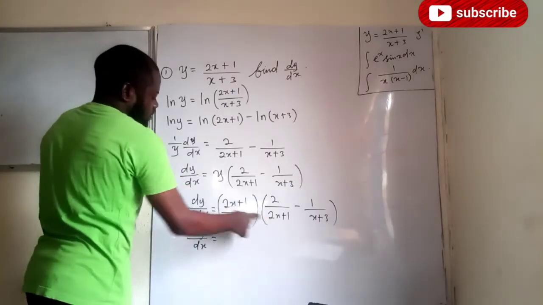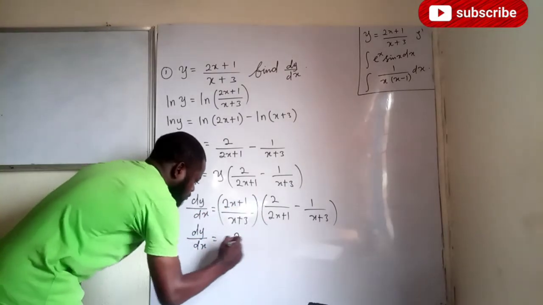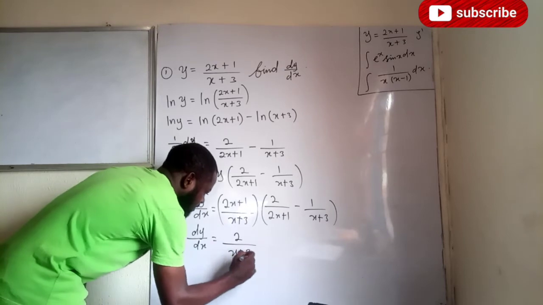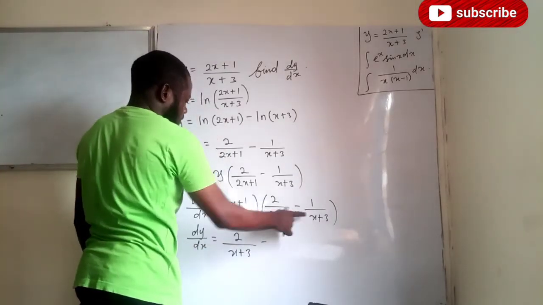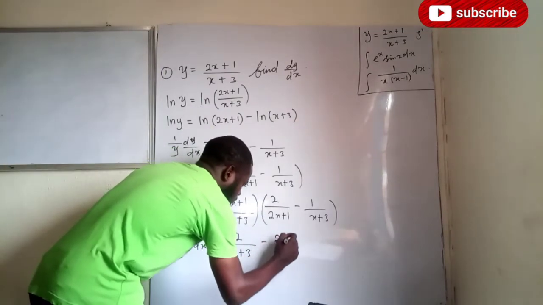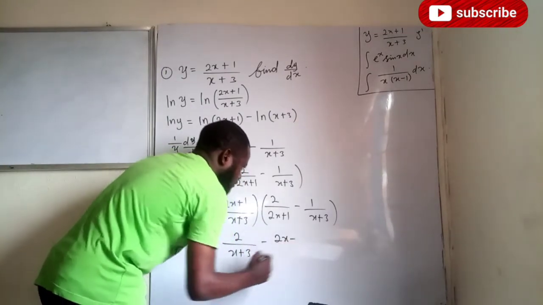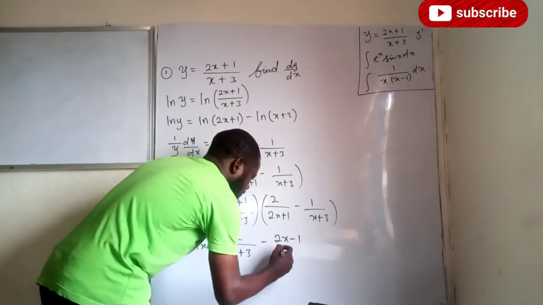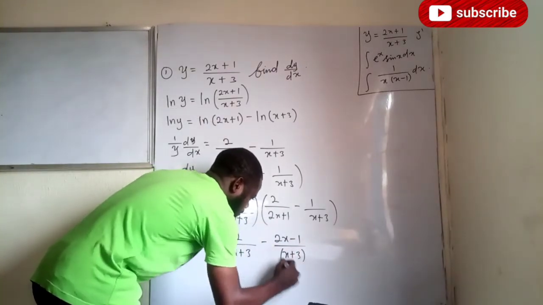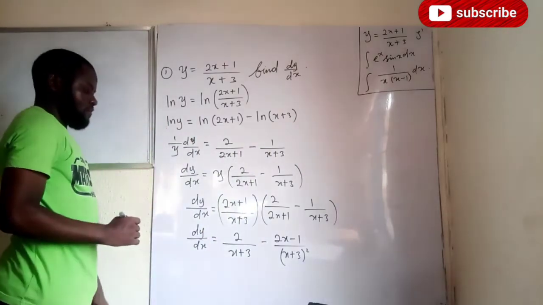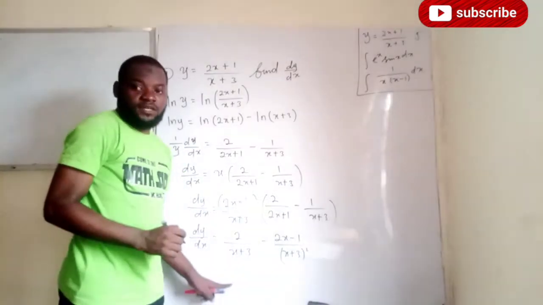equals, this will cancel this, so I'll be having 2 divided by (x+3) minus, if this should multiply this, we are going to have (2x+1) divided by (x+3) all squared. So we can simplify further, right?